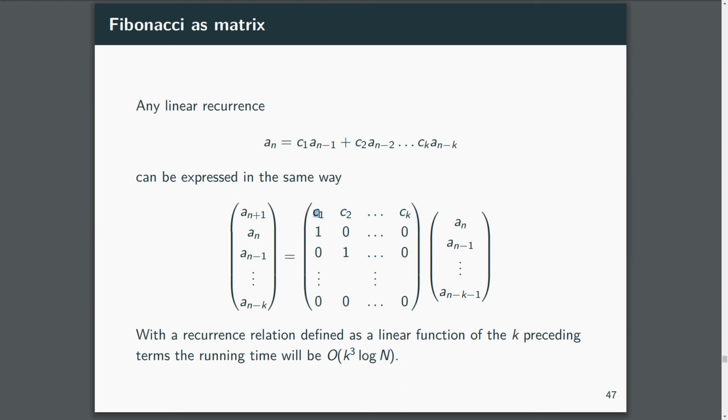So we have k squared values here, which we have to calculate, and calculating each of them takes O of k time. Sure. So you take this row here and you multiply that with this column here, piece by piece, and sum those together. So that ends up being big O of k to the power of 3.